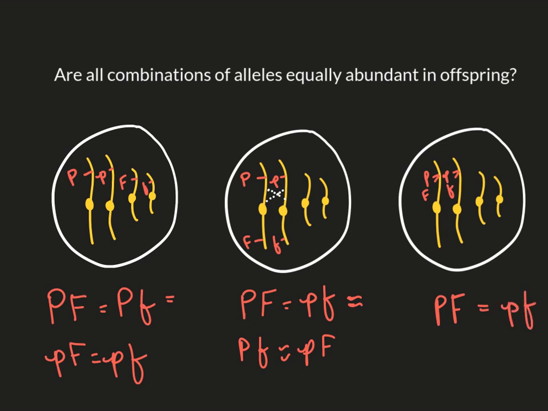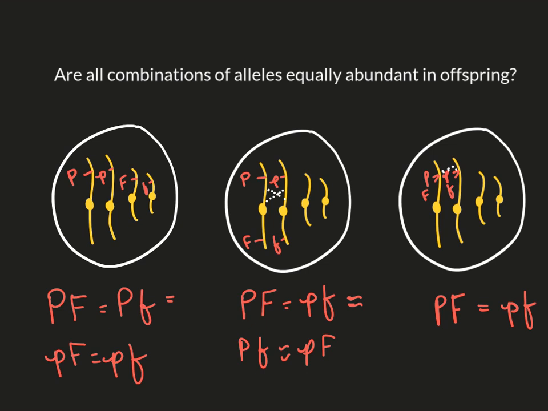But now, in order for me to get the recombinant genotype, there's only one place that recombination can happen, and it's so tiny that I can't even draw it. In other words, it's not going to happen very often. It's going to be a really rare event.